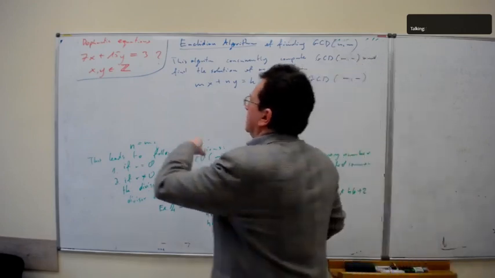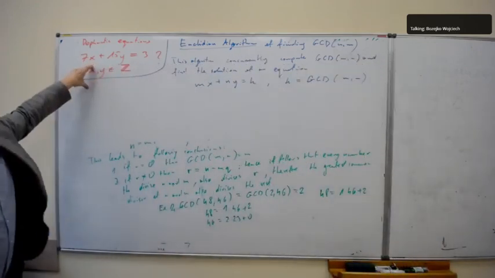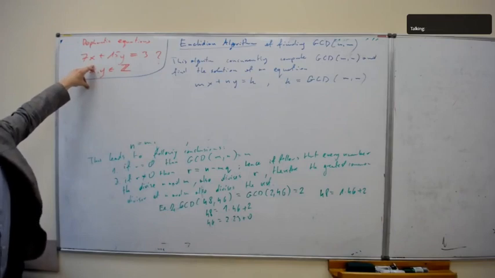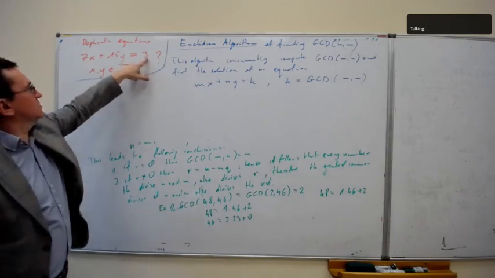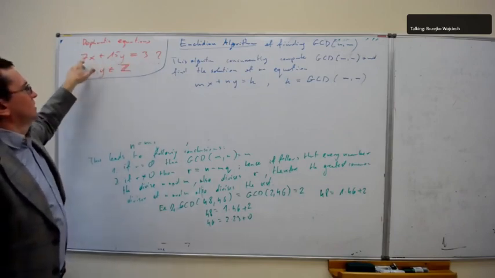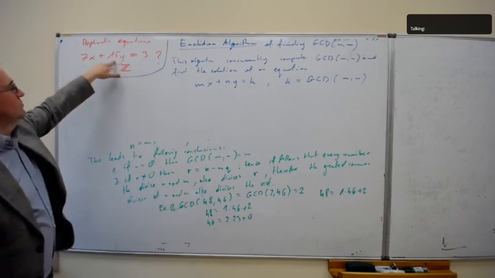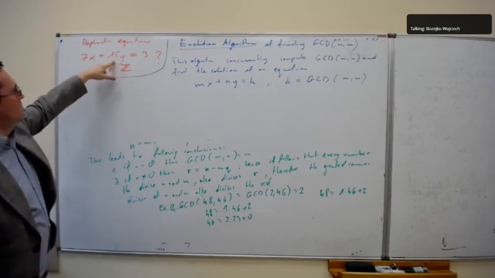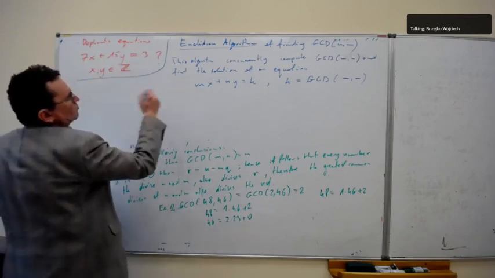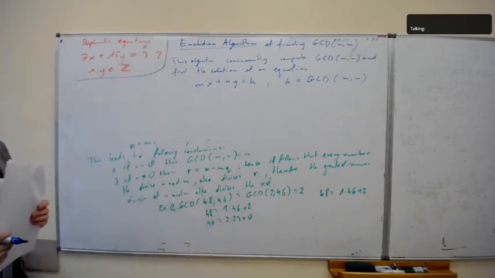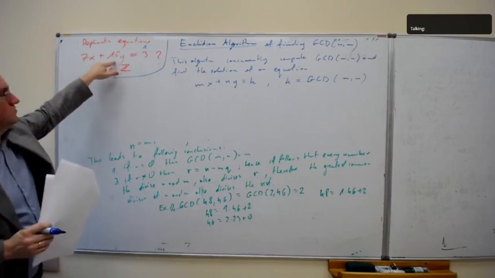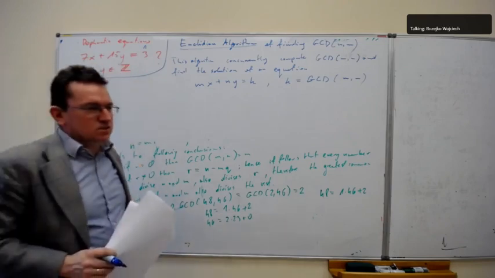So this is somehow connected with this, but in fact we'll obtain the solution only if we have here the greatest common divisor of these two numbers. If we have 7 and 15 here, we can solve by this algorithm the case with 1 here, because the greatest common divisor of 7 and 15, which are coprime, is 1.